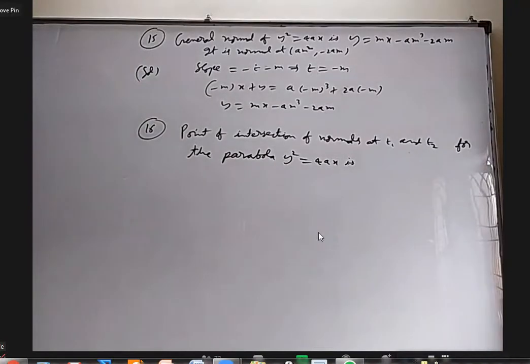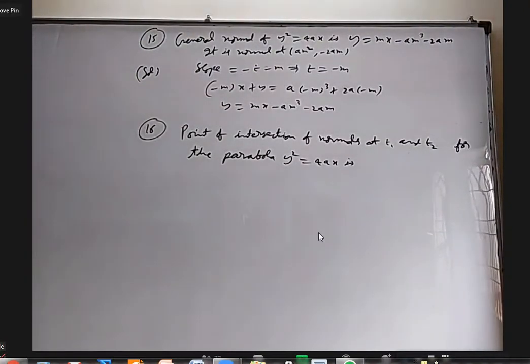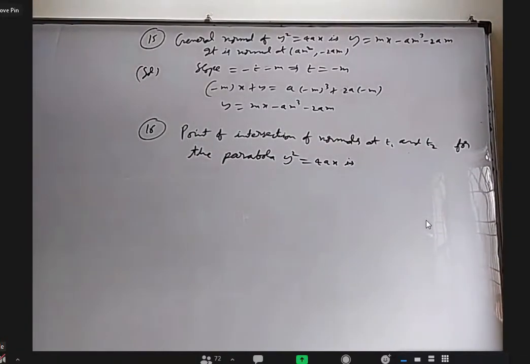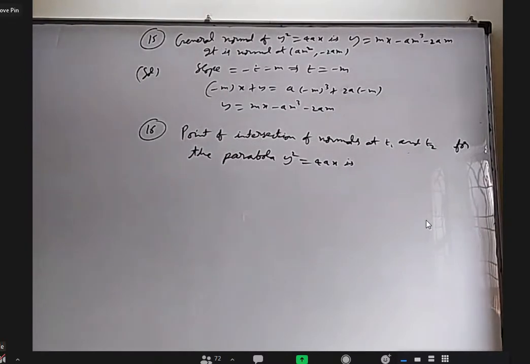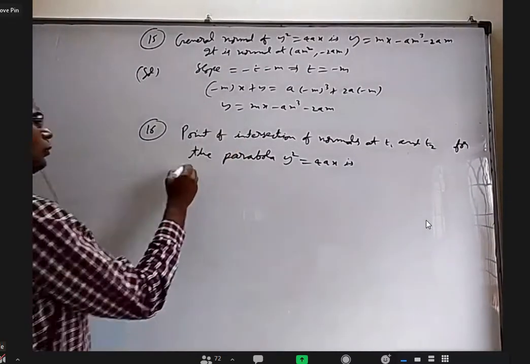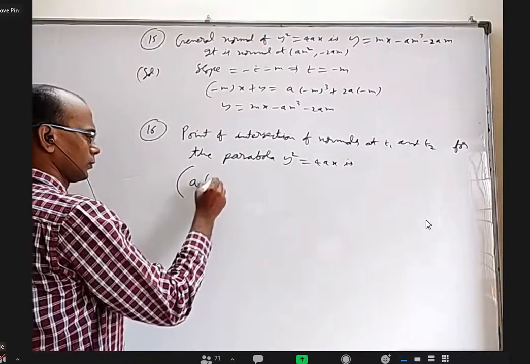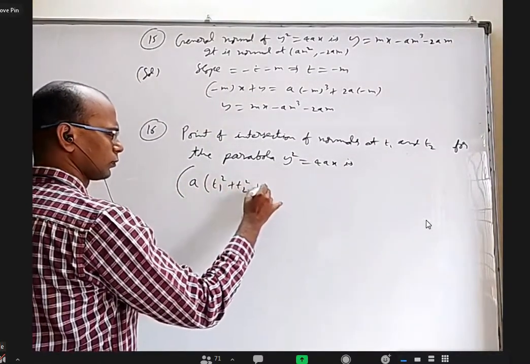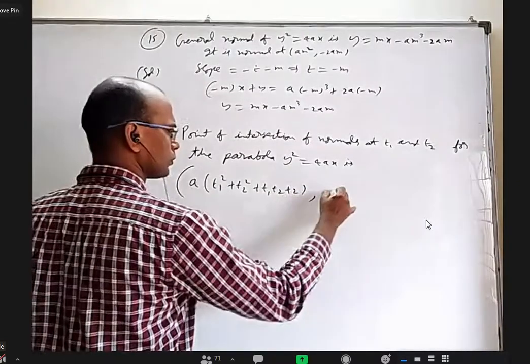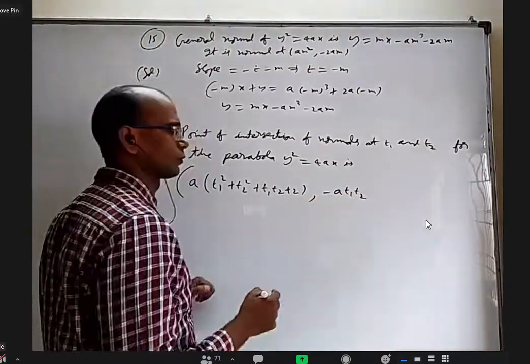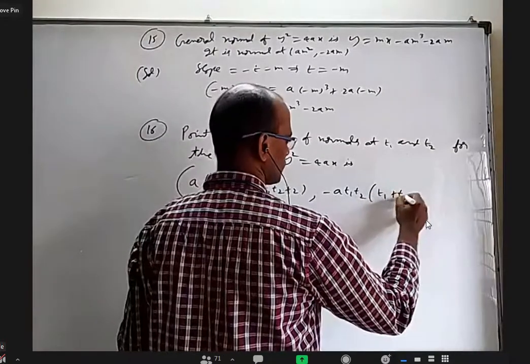It doesn't come that simple. So a into (t1² + t2² + t1t2 + 2), comma, minus a t1 t2 into (t1 + t2).